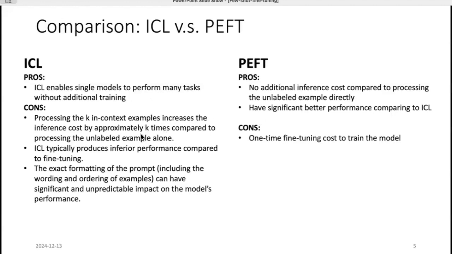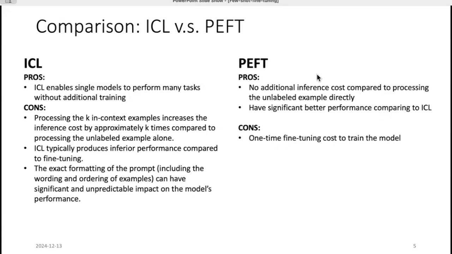You can skip all these in-context examples. You just fine-tune the model with all the examples, and at inference time the inference cost basically stays the same. And it has the benefit of better performance compared to ICL.